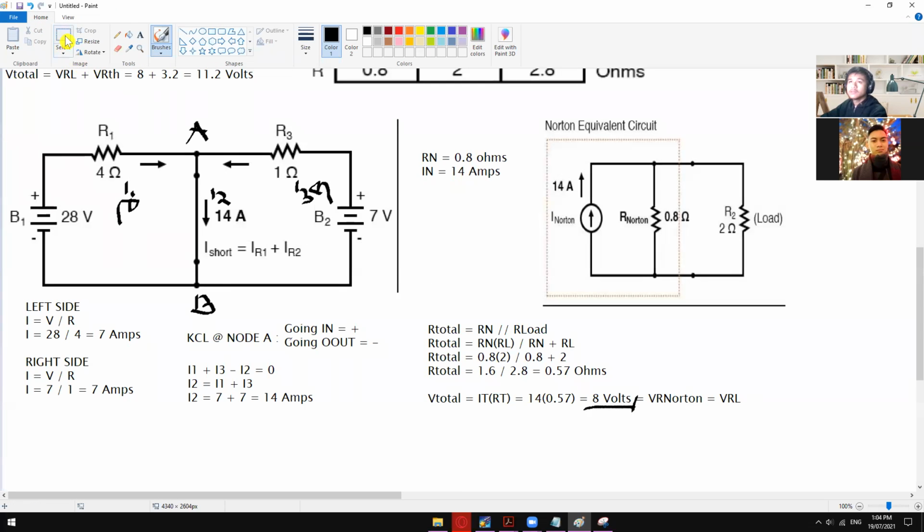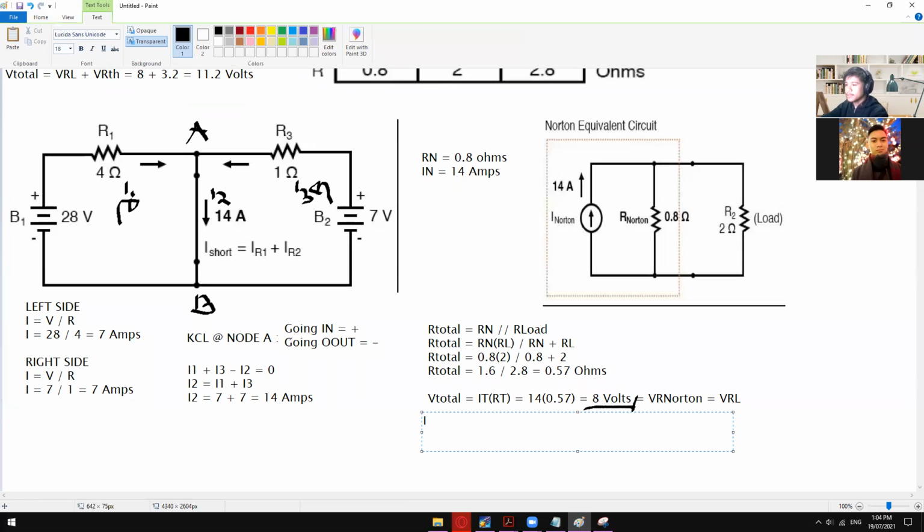Okay, and the next one is maybe you would like to find the current across R Norton and then the current across R load. So that's also possible, of course. So IRN, IR Norton is equal to the voltage across RN divided by the R Norton, which is RN.